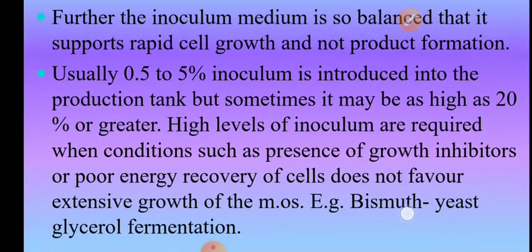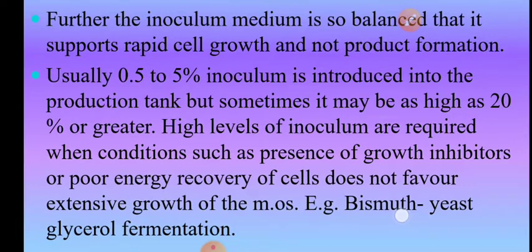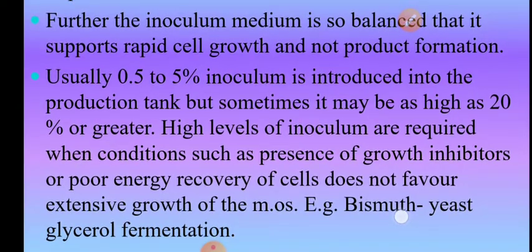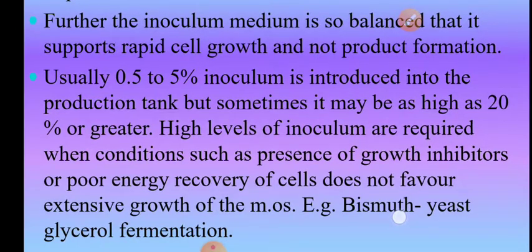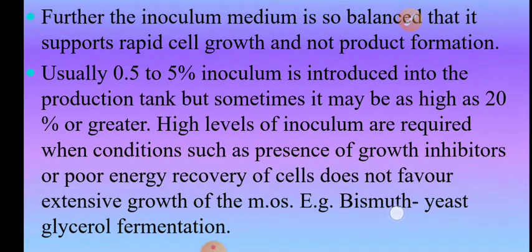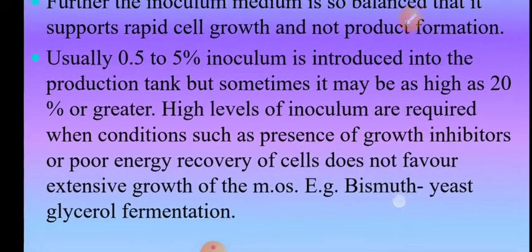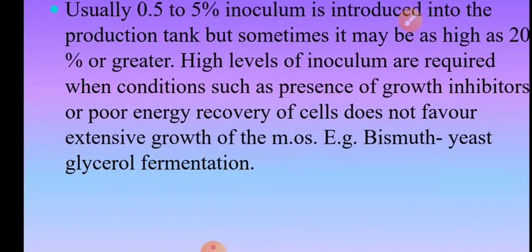Okay, usually 0.5 to 5% inoculum is added to the production tank, but sometimes we require as high as 20% or greater. When do we require a high level of inoculum? When conditions such as the presence of growth inhibitors or poor energy recovery of cells do not favor extensive growth of microbes, right?